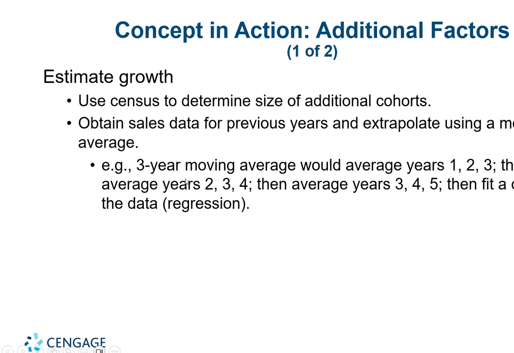A simple concept is a moving average. If we have 3 years of data, say 2020, 2021, and 2022, then our moving average for those 3 years would be the average of 2020, 2021, 2022. Then we move to 2023, and the 3-year moving average will be 2021, 2022, and 2023.